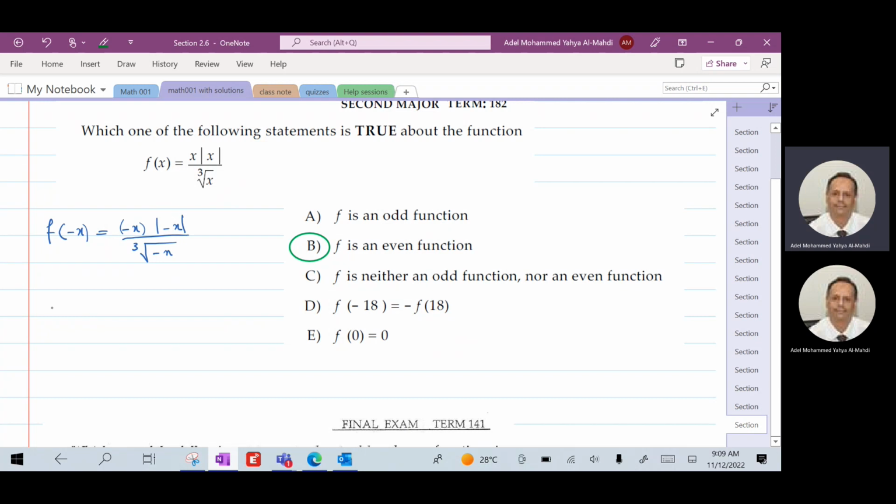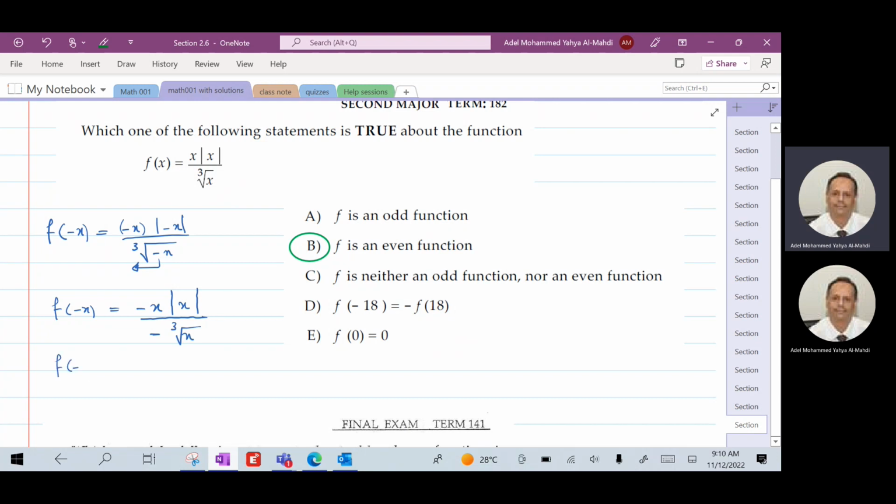So simplify more, then f at minus x. We know that minus x is minus x, and the absolute value of minus x is the absolute value of x. We have this property from section B2. And we can take the minus outside because it is a cube root. So it is going to be minus the cube root of x, minus cancels with minus.